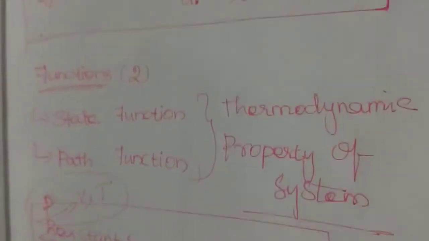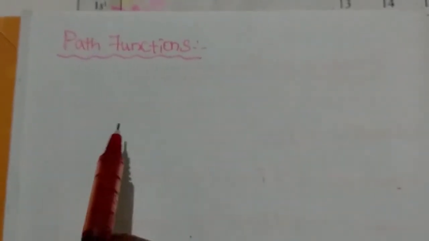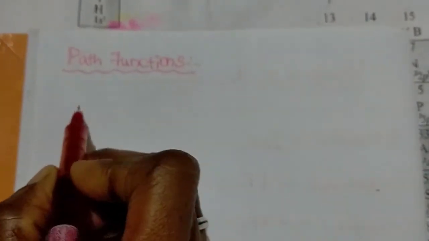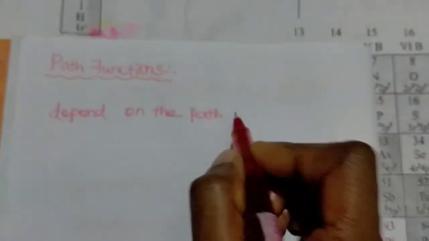Both functions are thermodynamic properties of a system. The value of the variables used in this reaction depends on the path or manner of the system. You have to write that it depends on the path or manner.